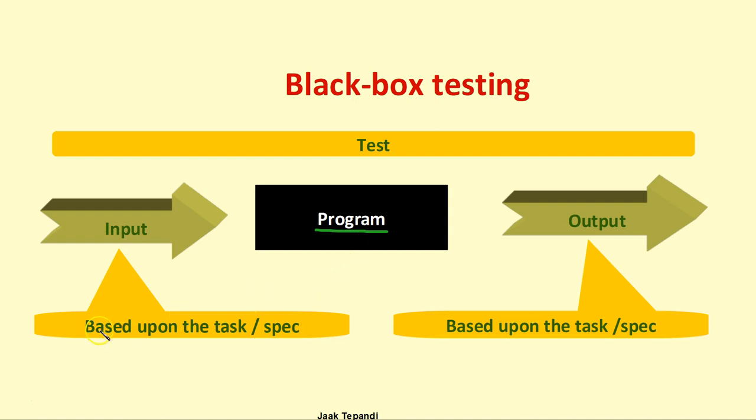The tests are derived based upon the task or specification, and the outputs are estimated also based on the task specification. This is in contrast with white box testing, where the inputs are derived or designed based on the program.